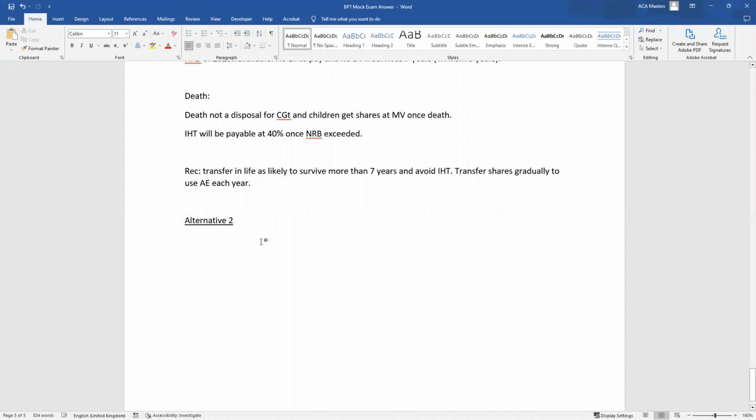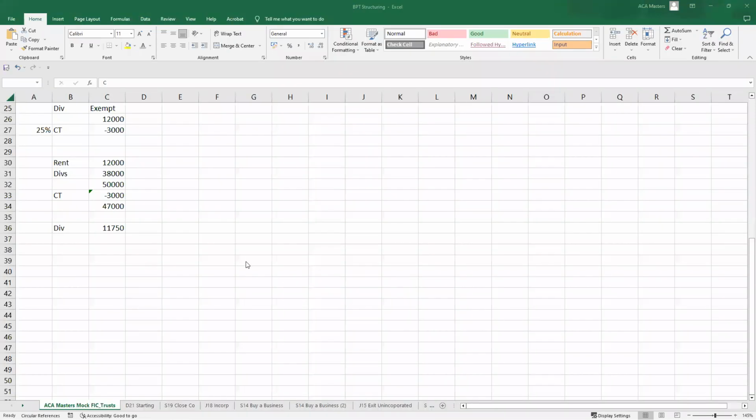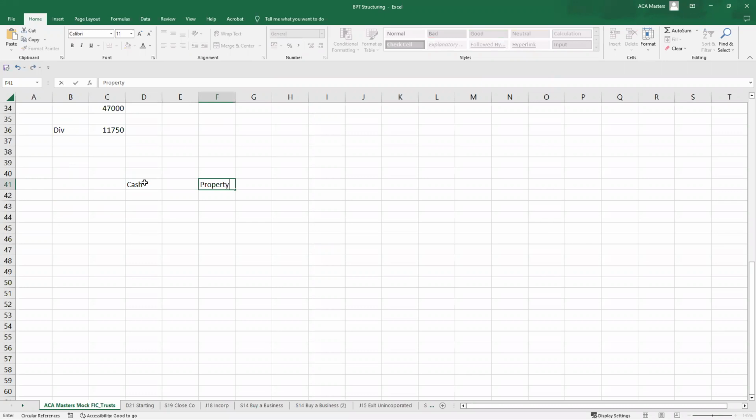But we could say transfer to discretionary trust is a CLT, so lifetime IHT to pay on transfer value which exceeds annual exemptions and nil rate band. So we could actually work that out. We've got the two transfers here, haven't we? We've got the cash and then we've got the property as well.